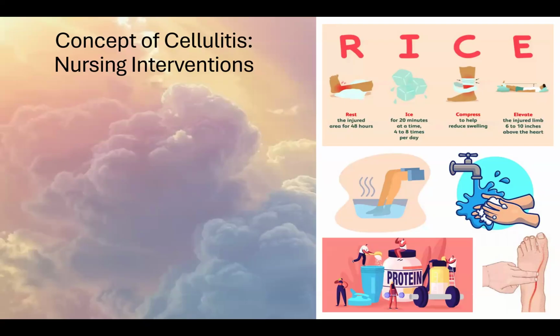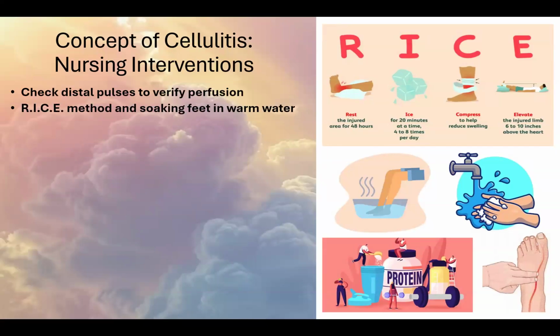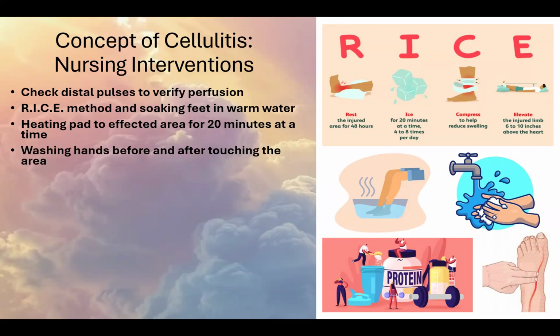So some nursing interventions for cellulitis include checking the distal pulses to verify perfusion, the RICE method, and soaking feet in warm water. RICE stands for rest, ice, compression, and elevation of the affected area. A heating pad can be applied to the affected area for 20 minutes at a time and every 2 hours in Mr. Shannon's case.